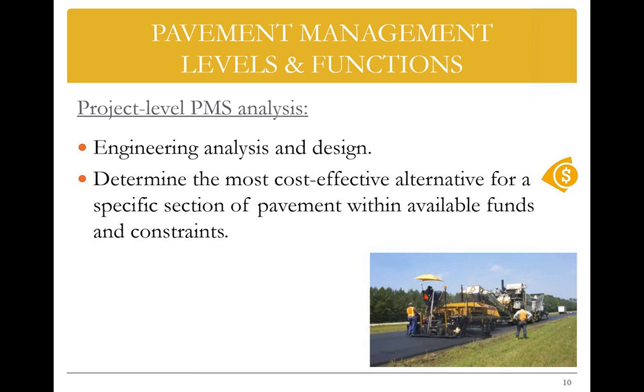During the analysis, we will go through an engineering analysis and design for that project, and eventually we need to determine the most cost-effective alternative for the specific sections of pavement within available funds and, of course, constraints. What I mean by constraints is the amount of assigned budget that we are allowed to use, and how we can come up with solutions based on it.